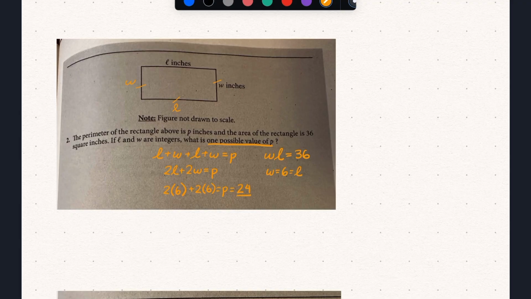You could think of other ones as well, but I think a much harder way of solving this question is to, say, solve for W here using this equation, and then plugging that into this equation to get an answer for P. I think that's a lot harder.